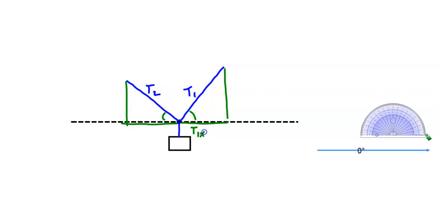T1 in the x direction, the x component of the tension, that's what I'm calling T1x, would be T1 cosine of theta 1. And T2x would be T2 cosine of theta 2.